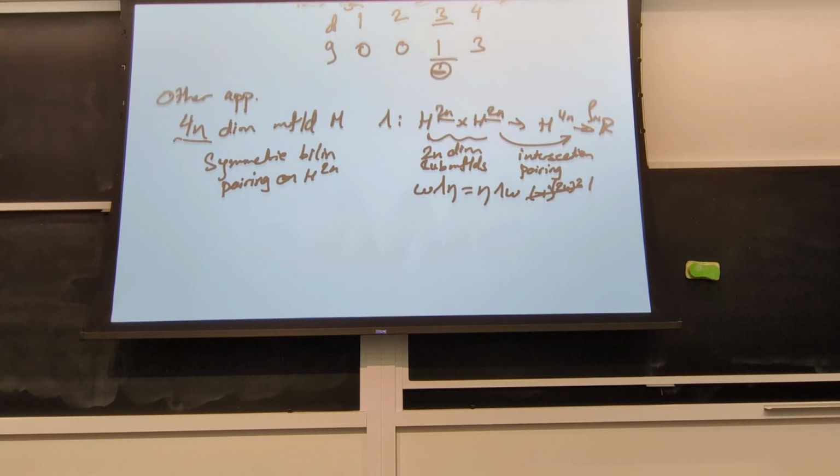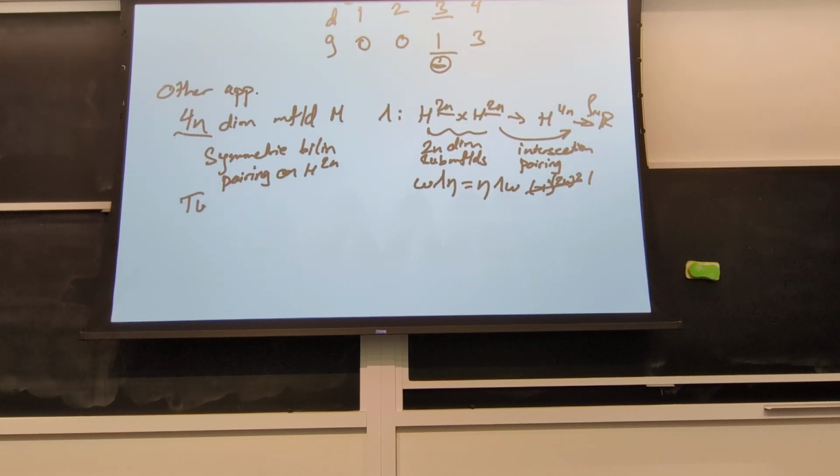And this is actually pretty powerful because it turns out that pairing on H2 of some 4-dimensional manifold. I'm not talking about integer cohomology here, but to state the theorem correctly, I'll state it with integer cohomology.